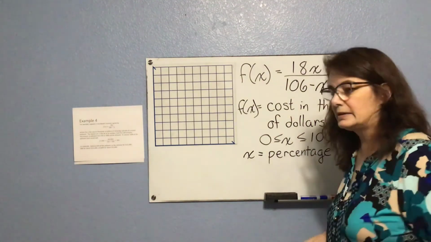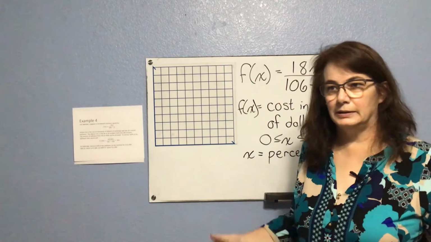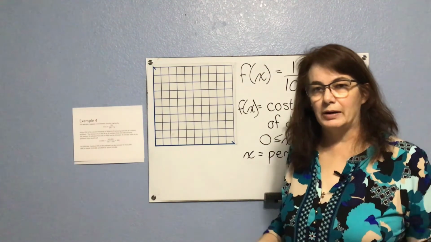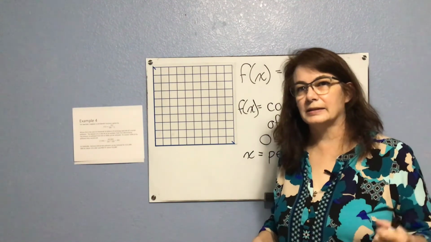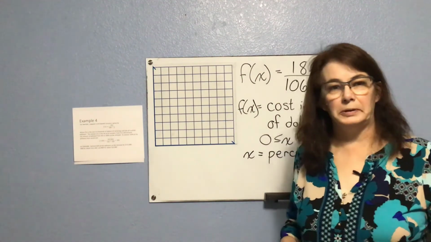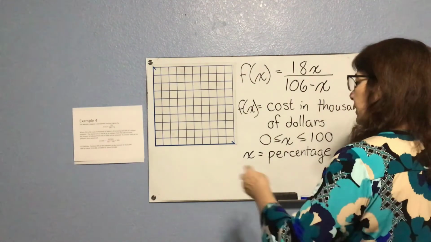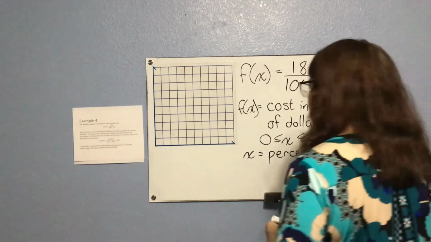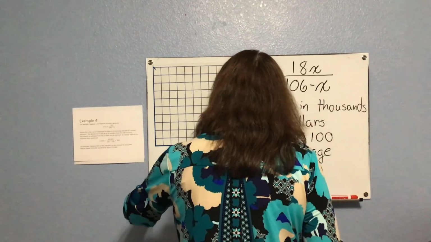Okay, so basically what we're saying is it's pretty easy to get out a fair amount of the pollutants, but if we decide that we've got to get out every last percent of pollutant, it's going to be expensive. So to remove 100% of the pollutant, we'd evaluate our function at 100.